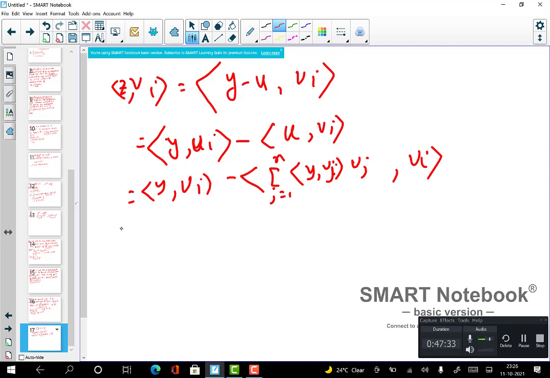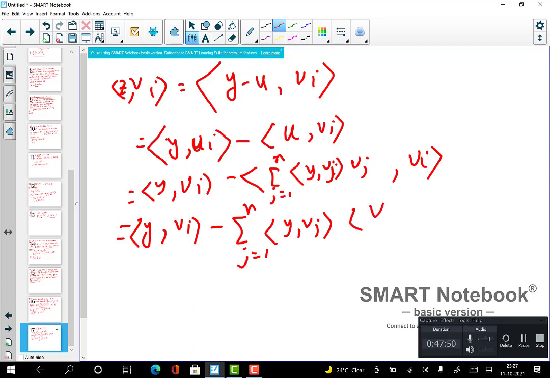Now again you use the property of inner product, which tells you that this inner product can be written as the sum over j equal to 1 to n of the inner product y comma vj, and the inner product comes inside, so vj comma vi, right?